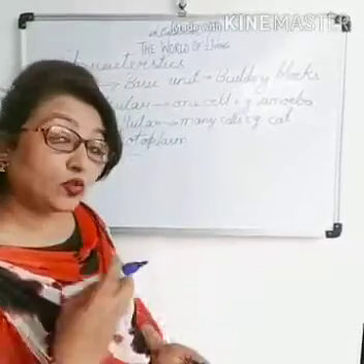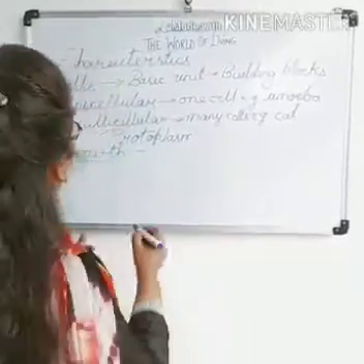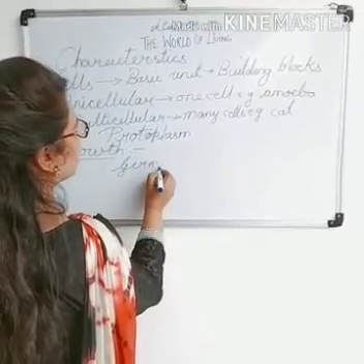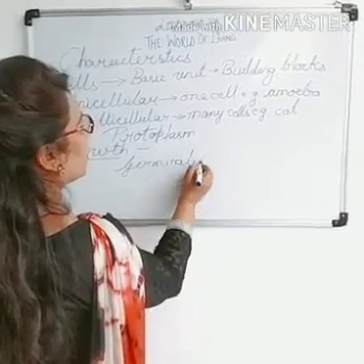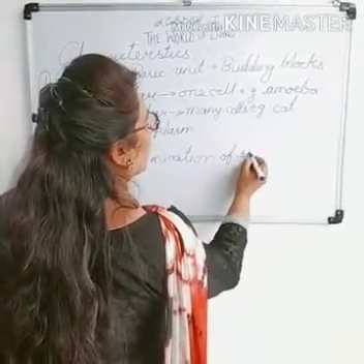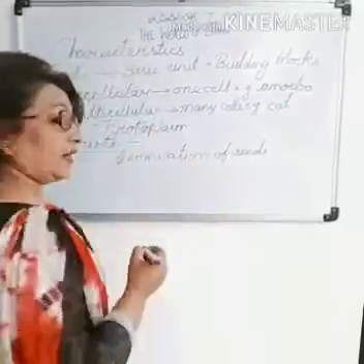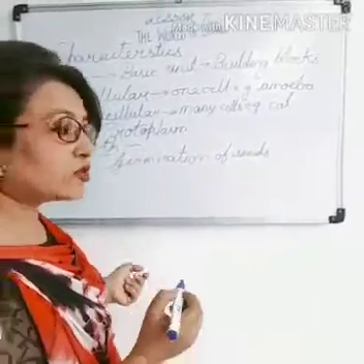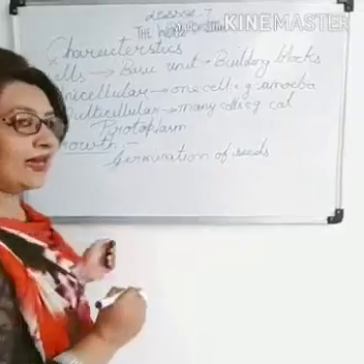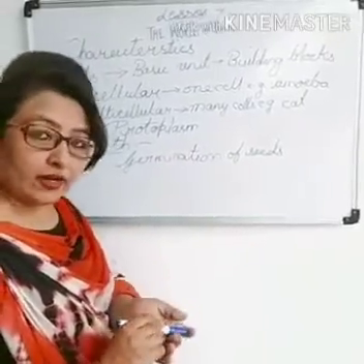So, we are going to do one activity in which we will see germination of seeds. Take some seeds of wheat, soak them in water and put them inside some soil.